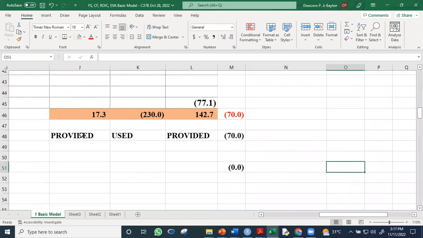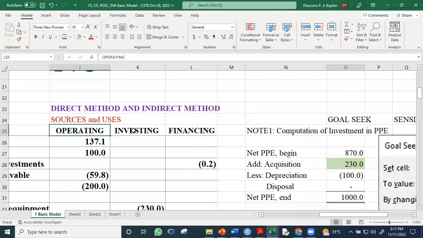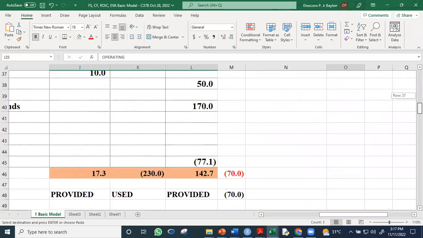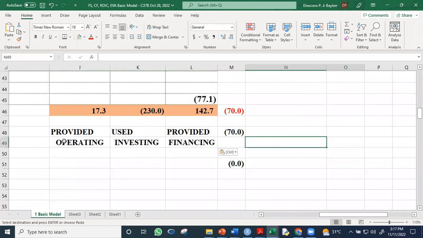Okay, so that's just to summarize. Okay, let me copy this. Control C. Okay, so these are our cash flows: 17.3, negative 230, and 142.7, coming from operating, investing, and financing activities respectively.